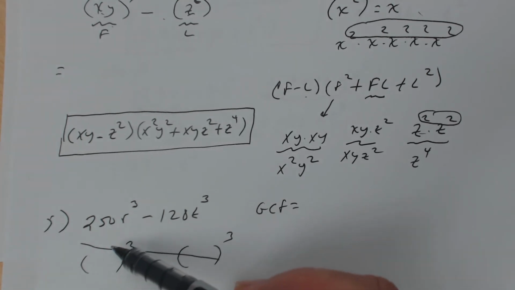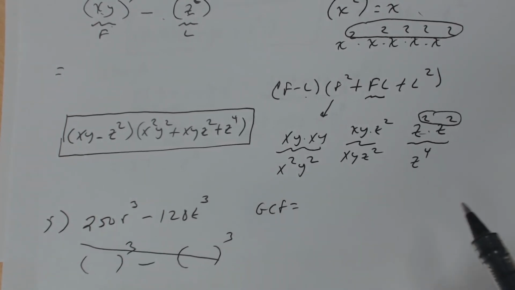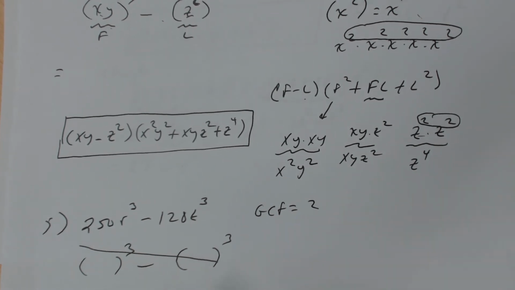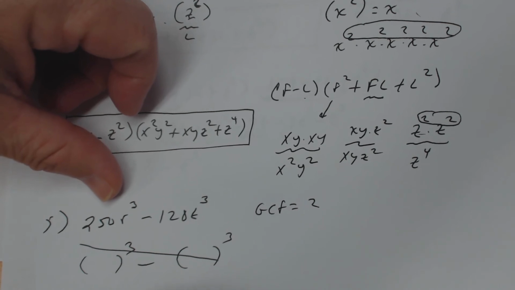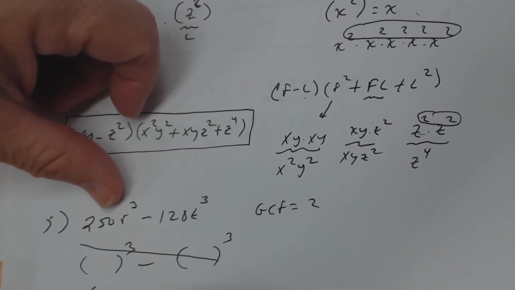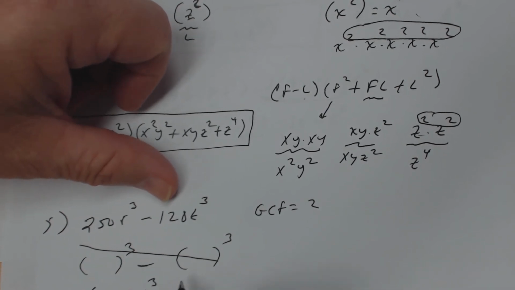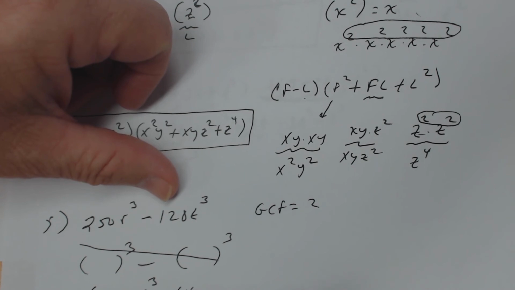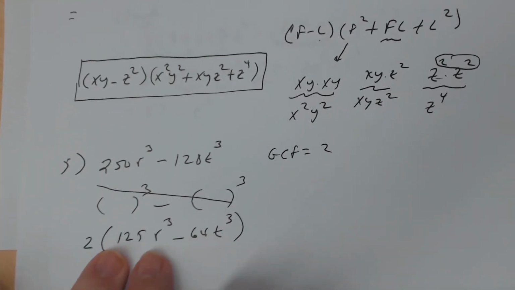The GCF here is, what is it, 2? Let's see if it's 2. So I'm going to factor out the 2. And when I factor out the 2, I'm going to get 125r cubed minus 64t cubed.